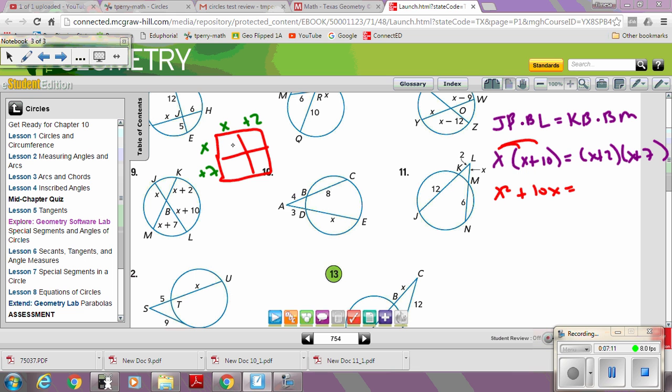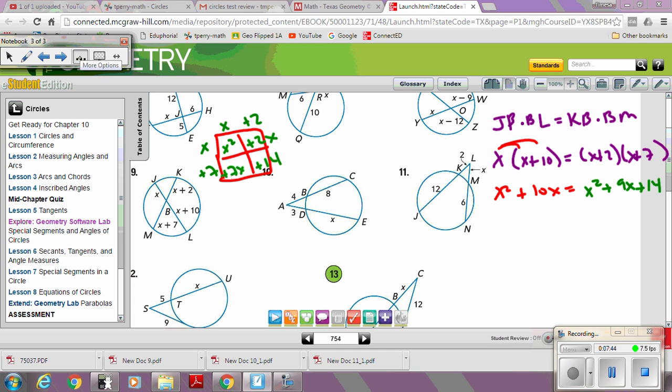So x times x is x squared. x times 2 is 2x. 7 times x is 7x. 7 times 2 is 14. So you would get x squared, combine your like terms, 2x and 7x, so that's 9x, and then plus 14.